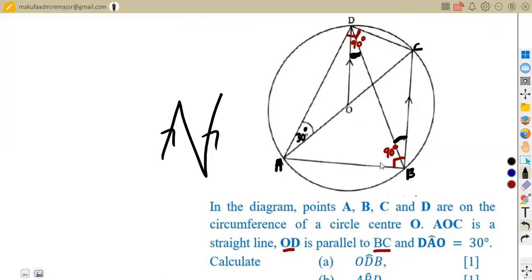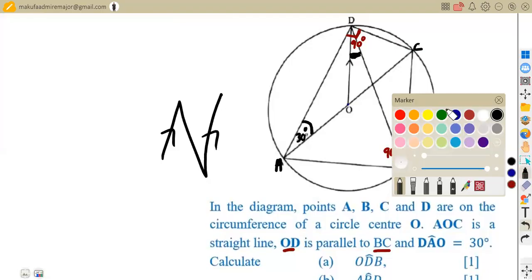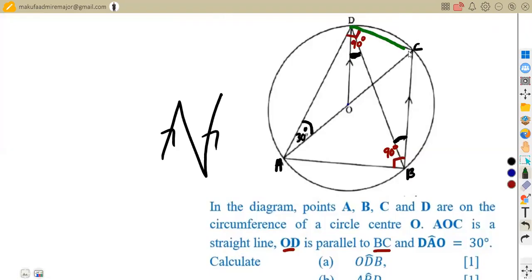But where can we find the angle now? Let's take note about the 30. What is happening with this angle of 30 degrees? Which chord is creating this angle? If we take note here, the chord CD or DC is creating an angle here at A. And we know that the same chord must create the same angle at the circumference like this.